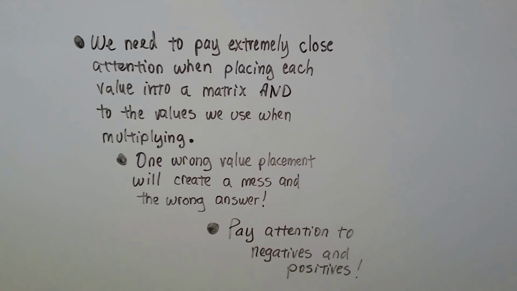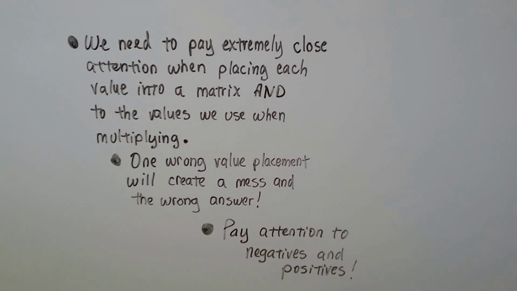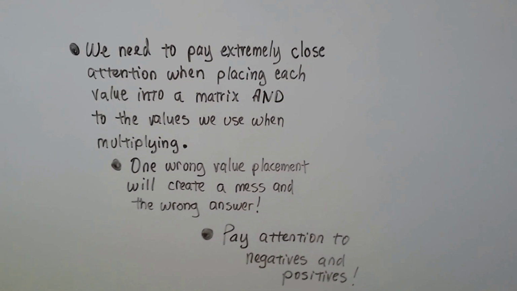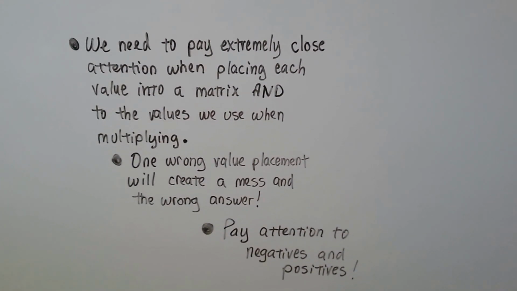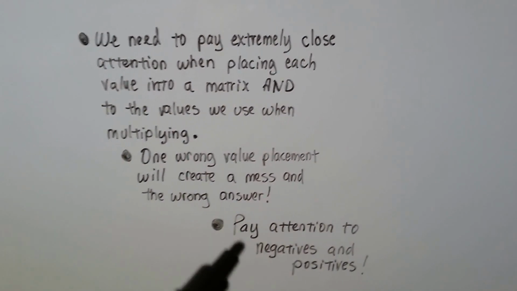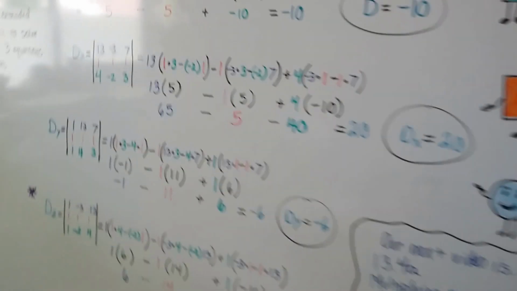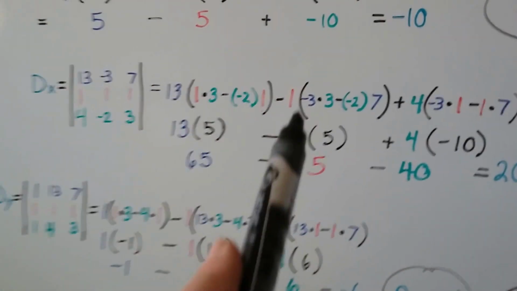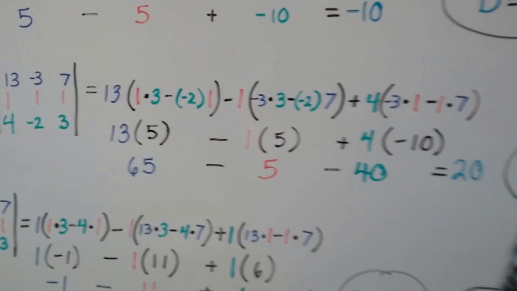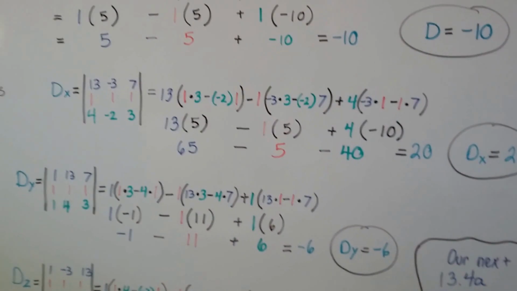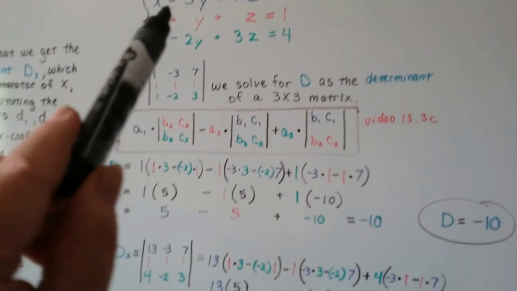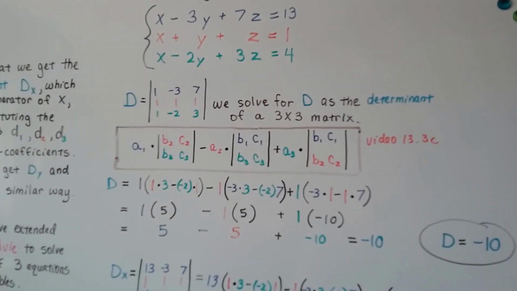One wrong value placement will create a mess and the wrong answer. There's a lot of work to get a wrong answer just because of one little sign or one little number. So pay attention to your negatives and positives. And if you accidentally put a positive 3 here, the whole thing is going to be out of whack. All right? So you want to really, really be careful of your values that are in the system.